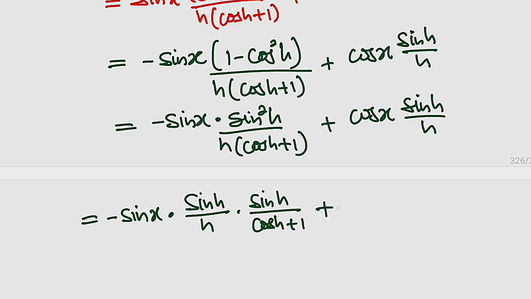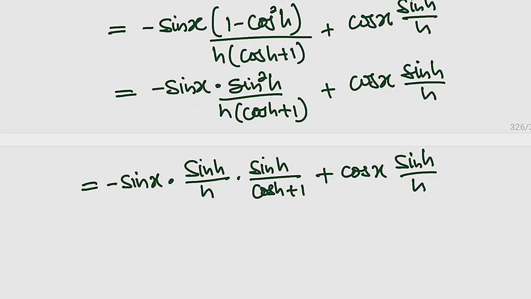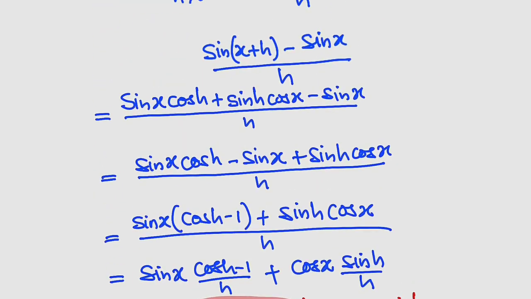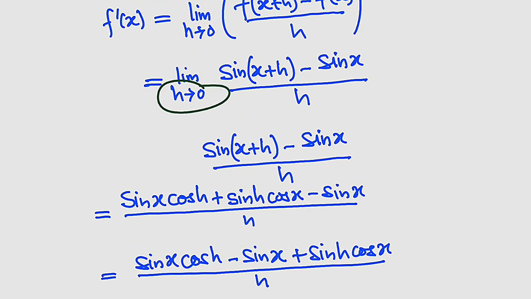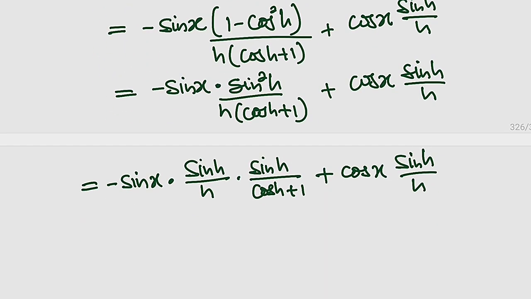Then we have plus cos x multiplied by sine h divided by h. So from here, I think we can apply our limit on every single expression. You should know that the limit is only going to affect those expressions that contain h, because the limit is as h approaches 0, so it has nothing to do with x. So we're going to take the limit here.